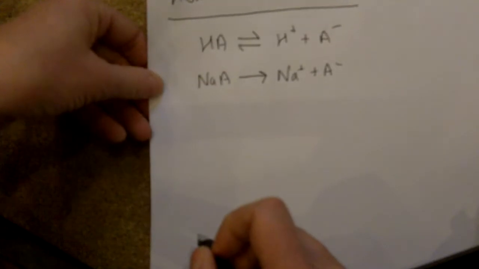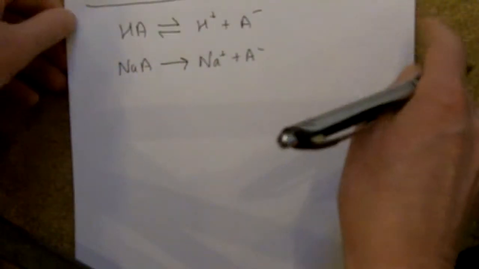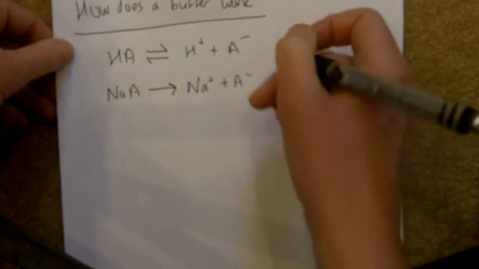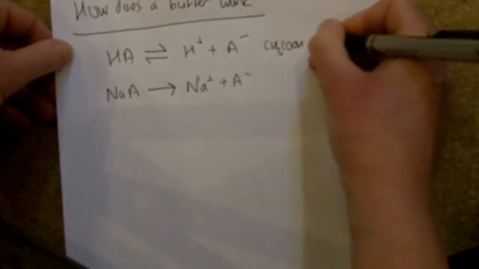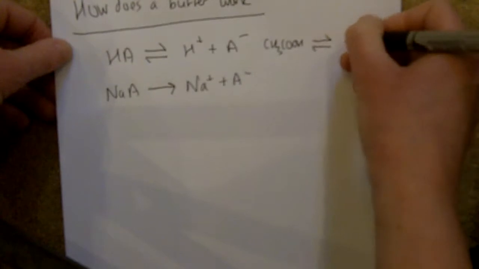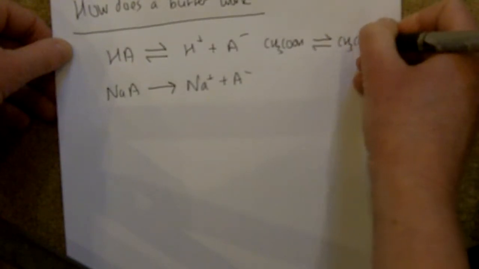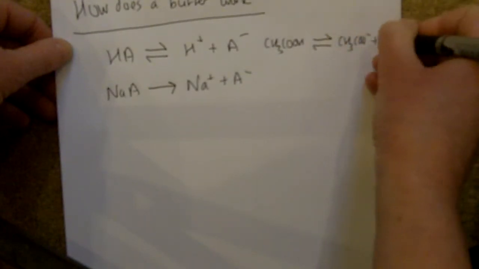Okay, the example that I'm going to do is an actual example. So if we take ethanoic acid, ethanoic acid will partially dissociate into ions, CH3COO minus plus H plus.